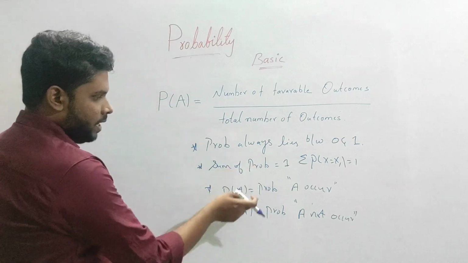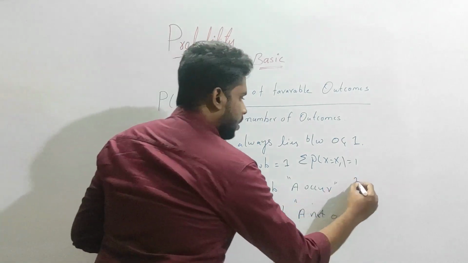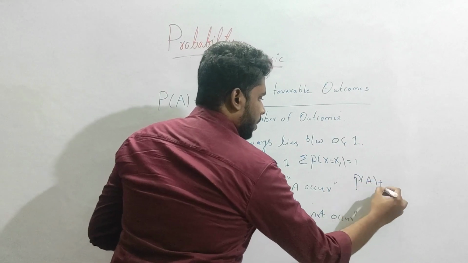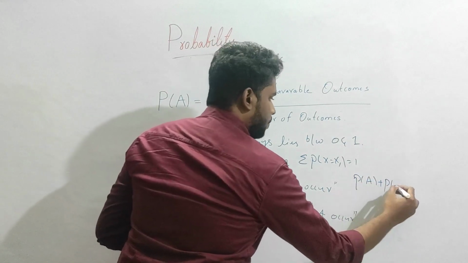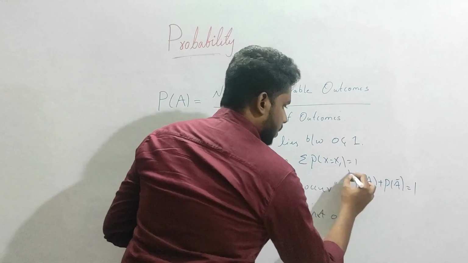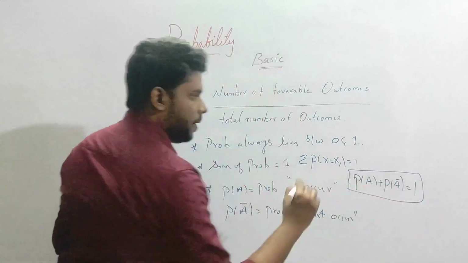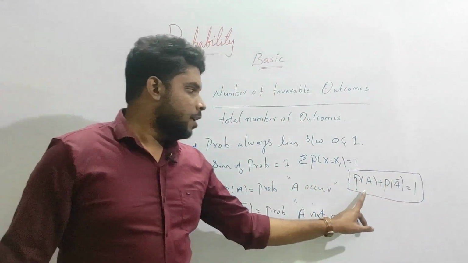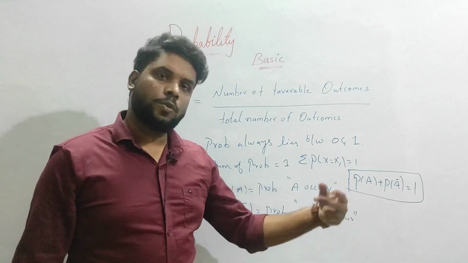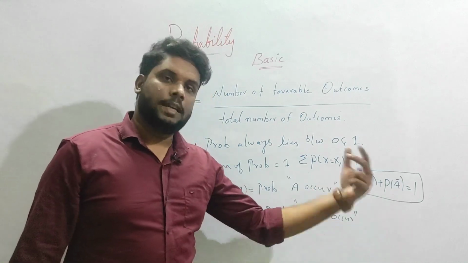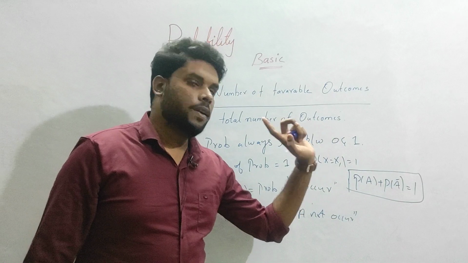If I apply this concept, I can write P of A to occur plus P of A not occurring should equal 1. This is also a formula, where the probability of A happening plus the probability of A not happening should be equal to 1.